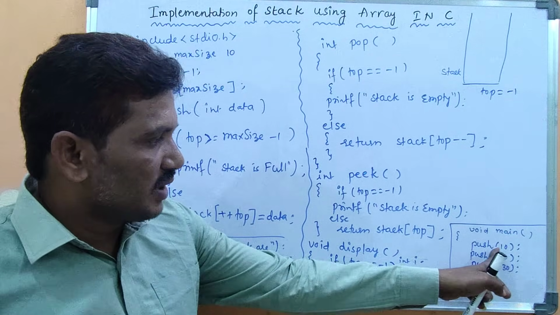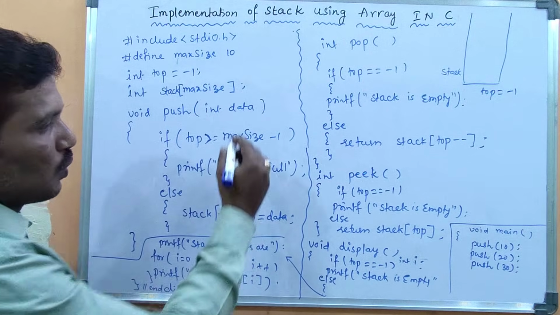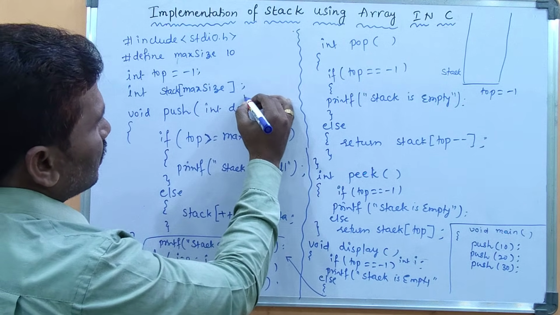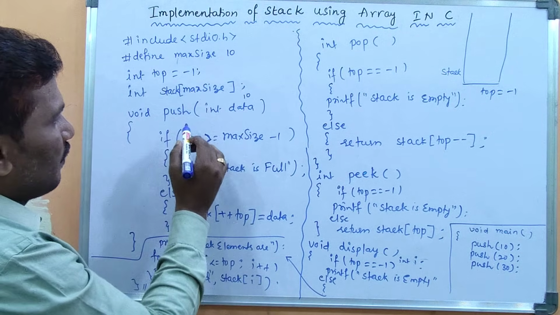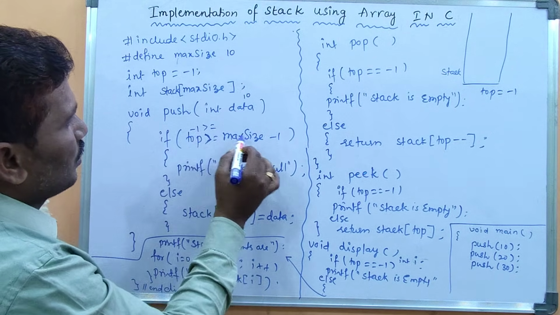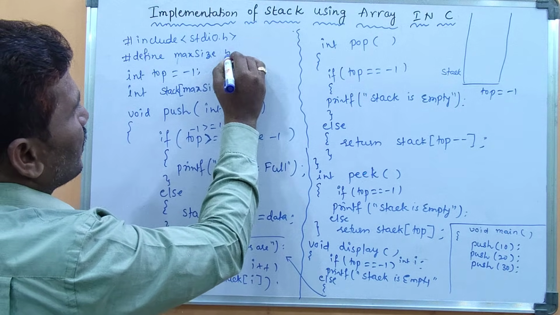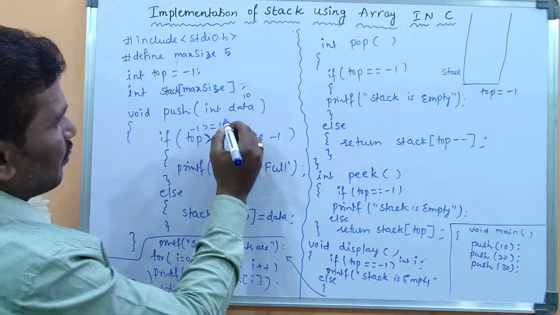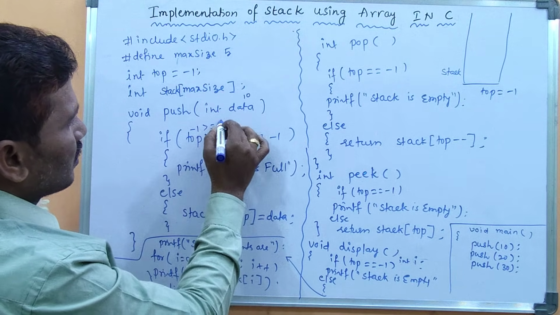Push 10. Whenever you call this function, the control will come here. The data value is 10. What is the top value? Basically the top value is -1, and the condition is top greater than or equal to maximum minus 1. Suppose I want to use only 5, then 5 minus 1 becomes 4.